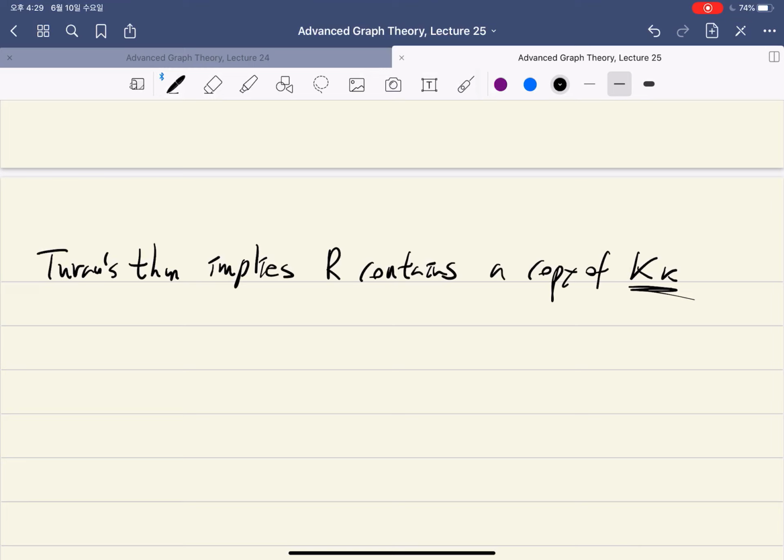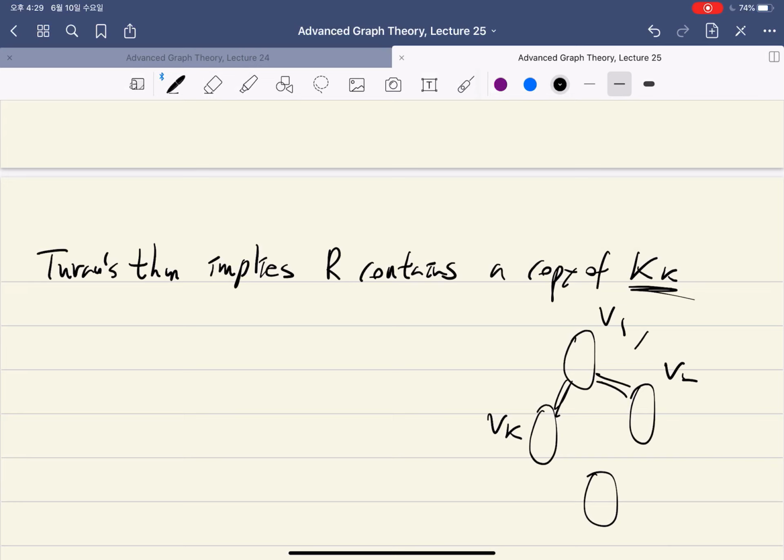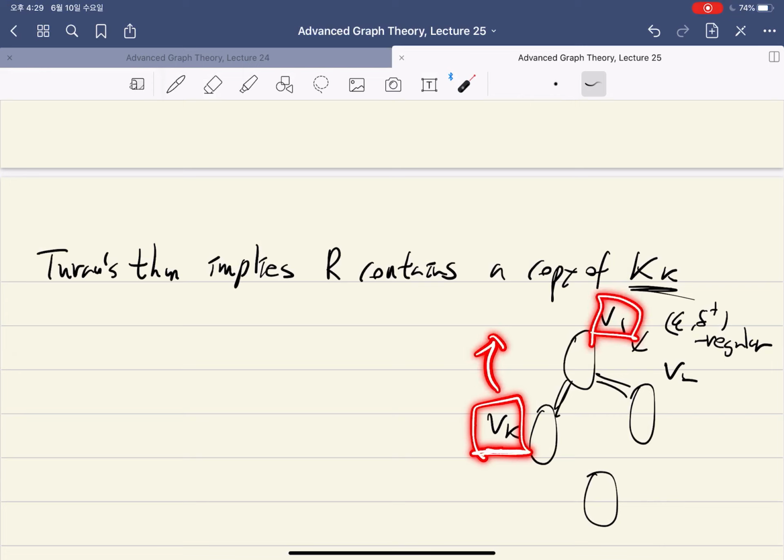That means in G, we have a corresponding vertex set, V1 to V2 to Vk, k of them, so that each pair is epsilon-regular with density at least delta. Many times we call each set a cluster of this epsilon-regular partition. So we have k clusters, and they are all epsilon, delta-plus regular.